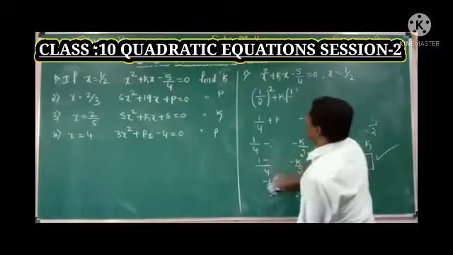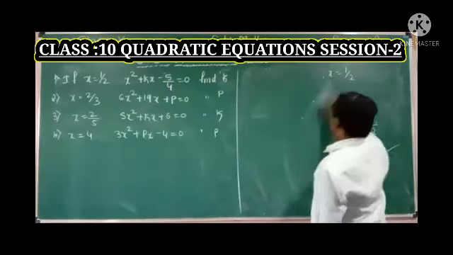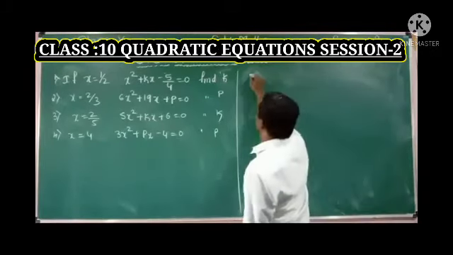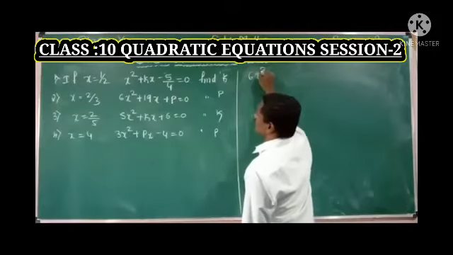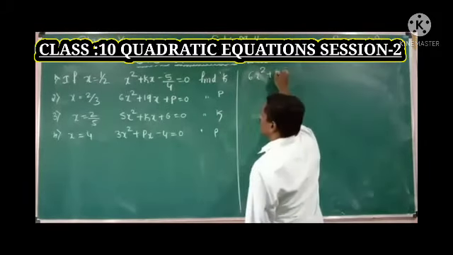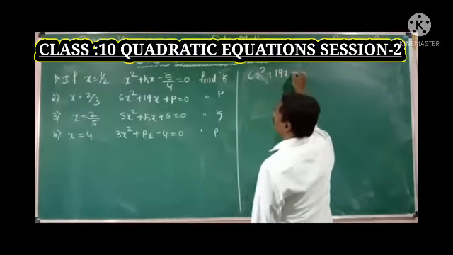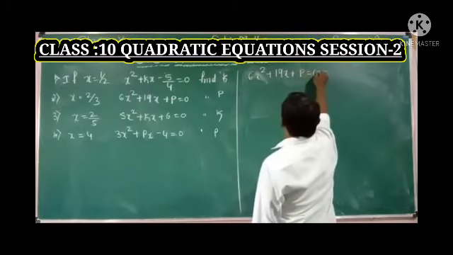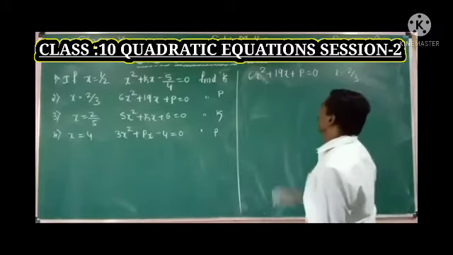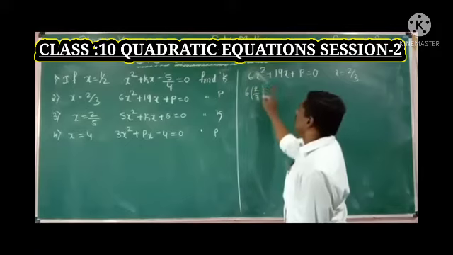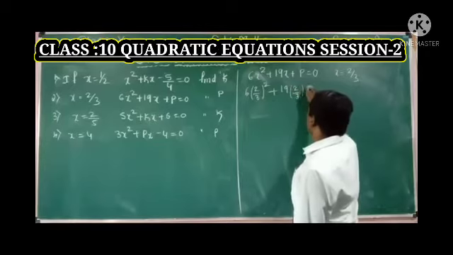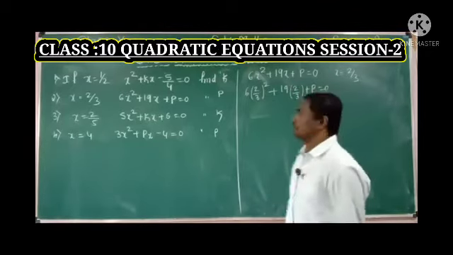Similarly, again the x value is given as 2 by 3. The quadratic equation is 6x square plus 19x plus p is equal to 0, and the x value is 2 by 3. 6 into 2 by 3 whole square plus 19 into 2 by 3 plus p is equal to 0.